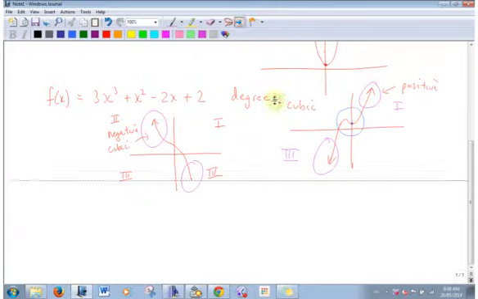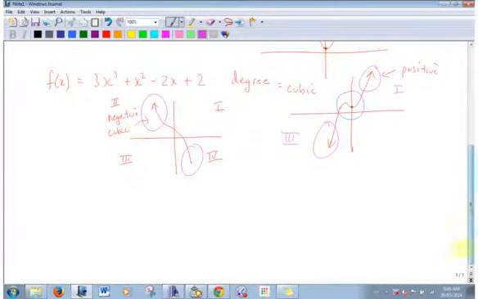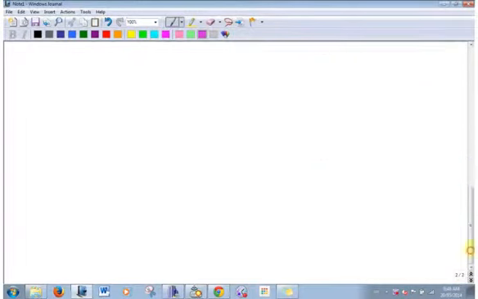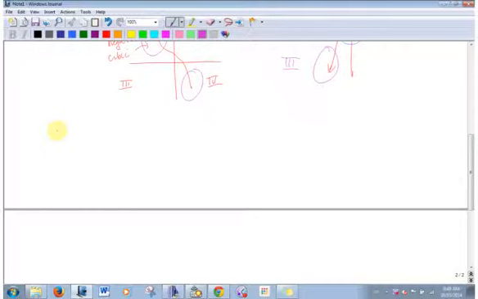Speaking of characteristics, let's do that. So, x-intercepts. This has meaning in the real world. It means stuff, and you've been doing it in maybe grade 9, but definitely 10.